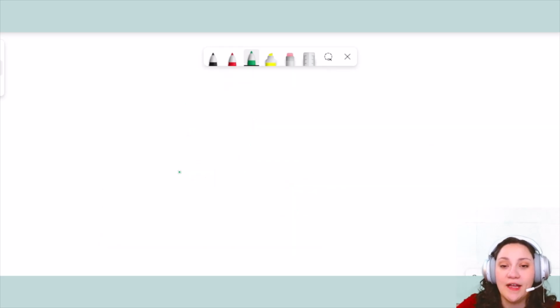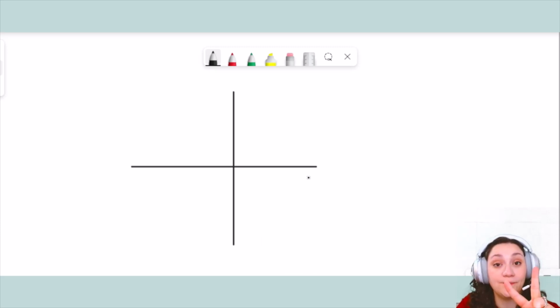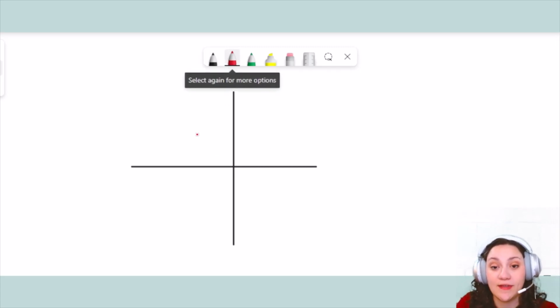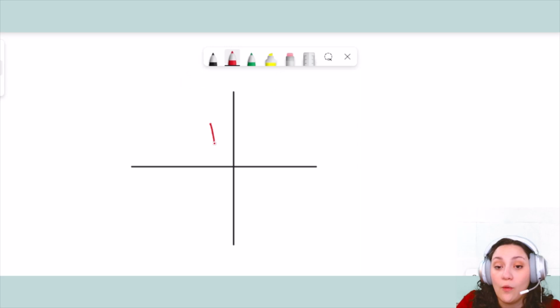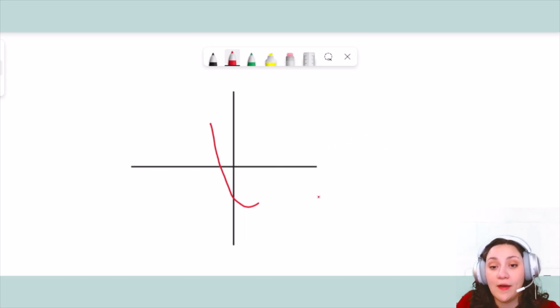And remember that a quadratic function could have 2 zeros, 1 zero, or 0 zeros. So we've looked at this in a previous lesson, but just as a reminder, we could have a parabola, like I just drew, where we have 2 zeros. So this would be an example of what that graph would look like. Or we could have a parabola that only has 1 zero.